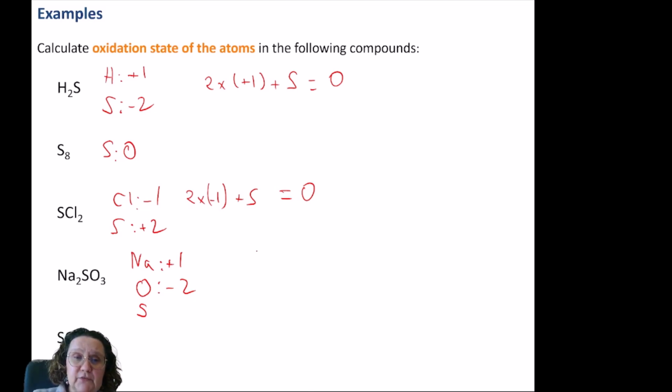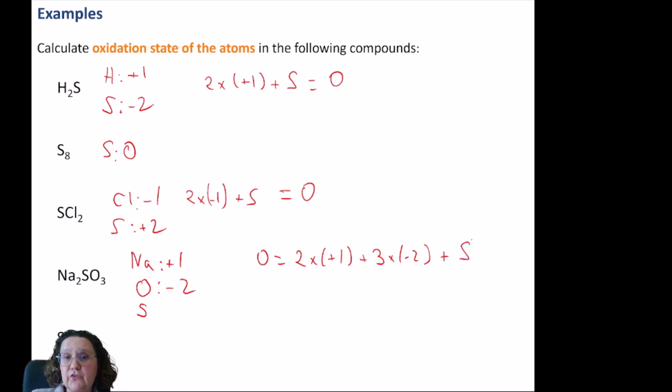So overall, this compound has to have a charge of 0 because it's a neutral compound. And I've got the two atoms of sodium that have an oxidation state of +1. And I've got 3 atoms of oxygen, and each of them has an oxidation state of -2. And then I've got whatever is the oxidation state of the sulfur.